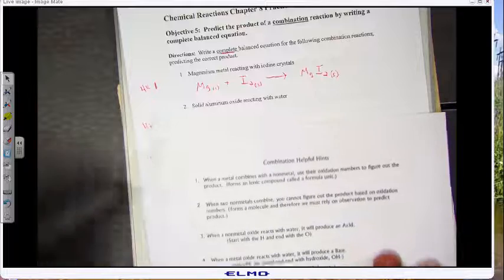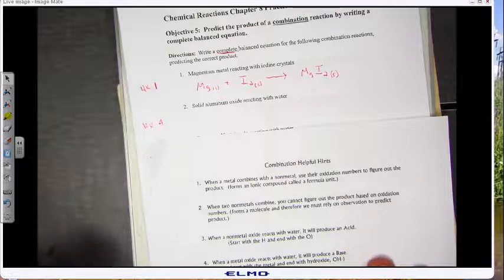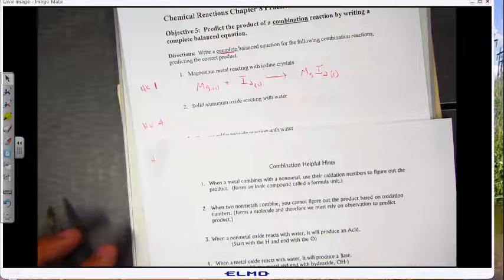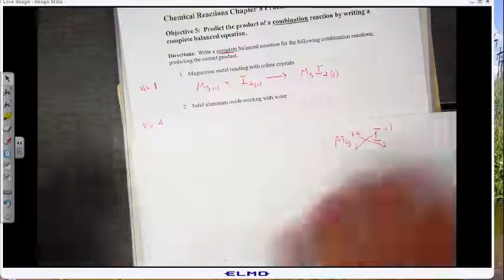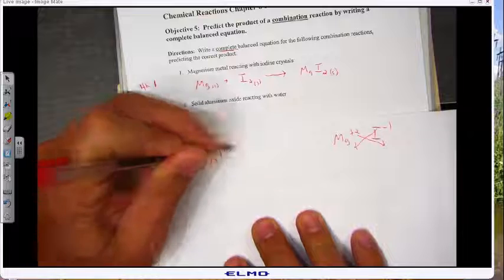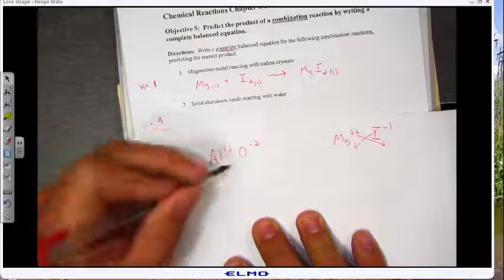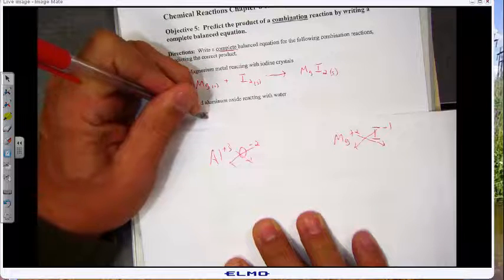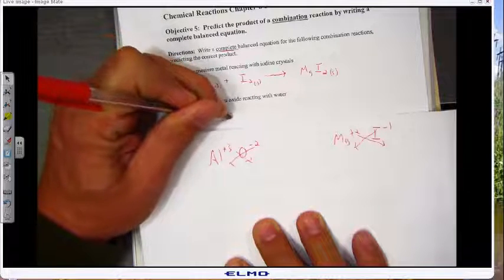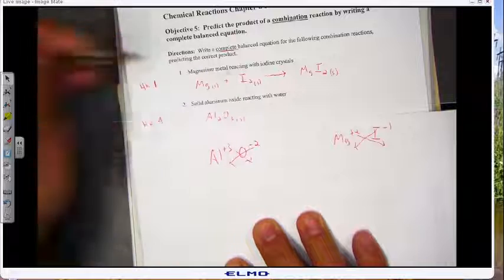Yes, we do. This looks like helpful hint number 4. Now I need to write the correct formulas. Aluminum oxide. Aluminum is a +3. Oxygen is a -2. Crisscross those, and that's going to be Al2O3, and they told me that's a solid.